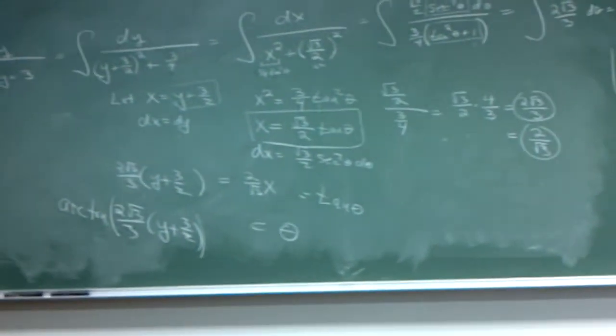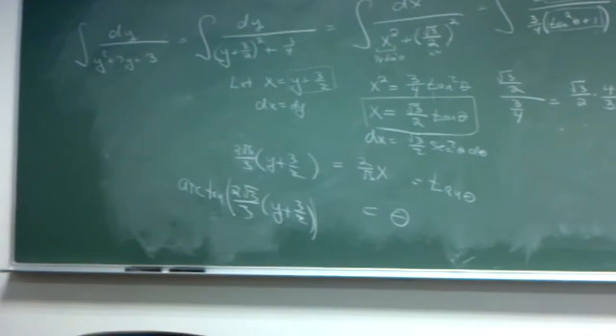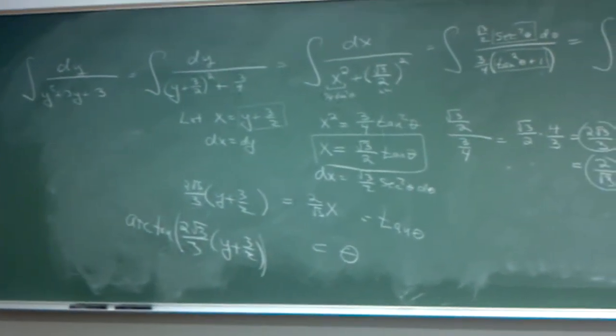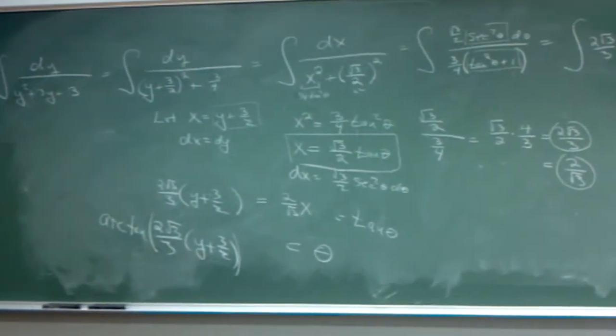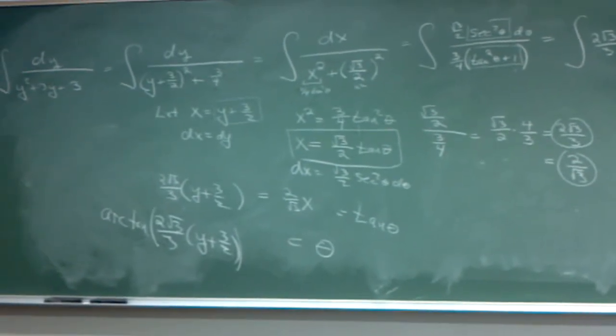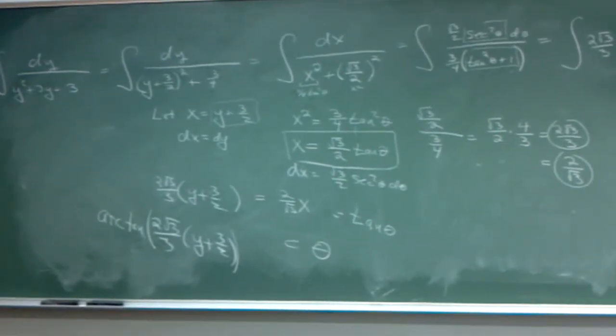Okay. And so they say that the substitution is y equals tan theta minus 3 halves. But isn't it root 3 over 2 tan theta minus 3 halves? Okay.